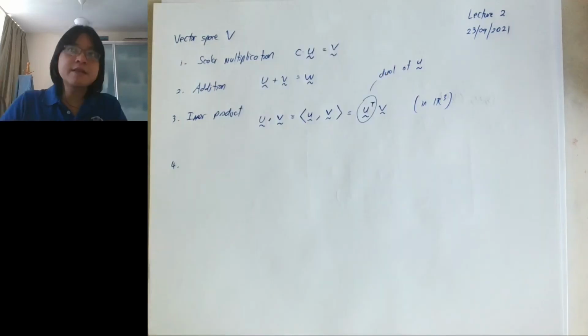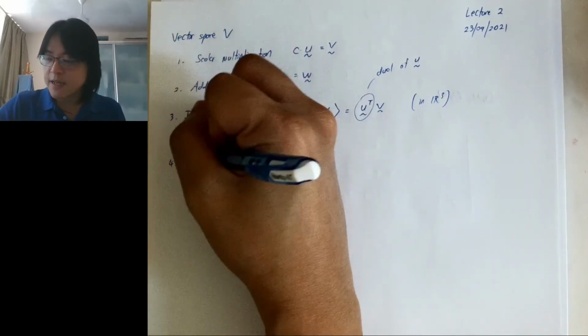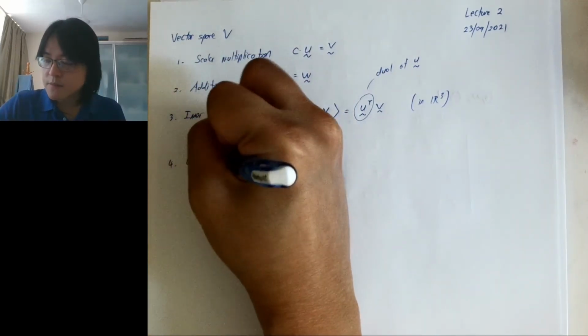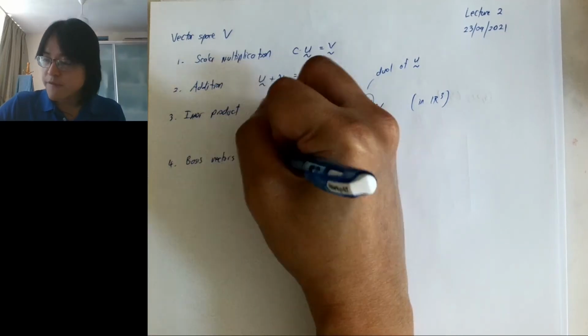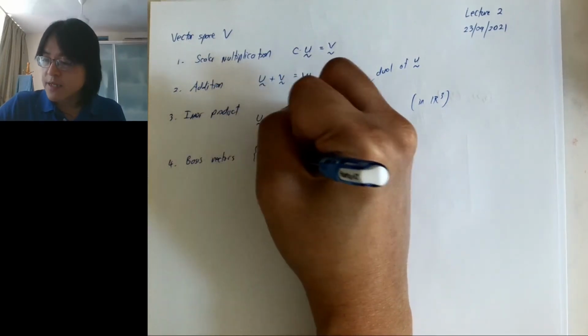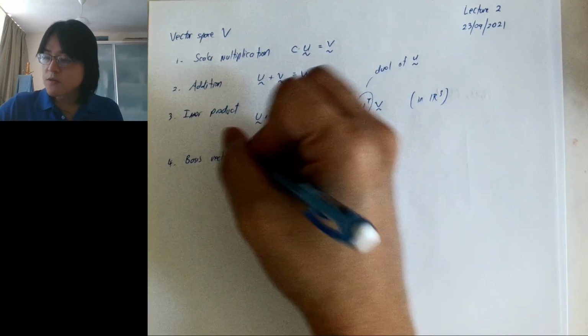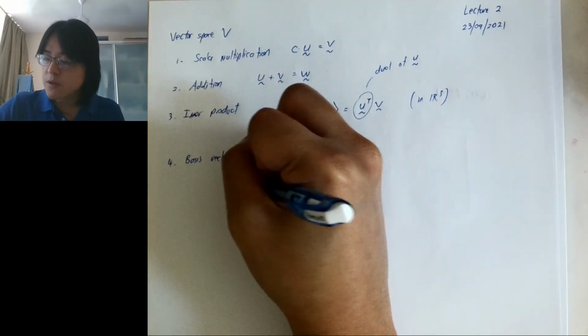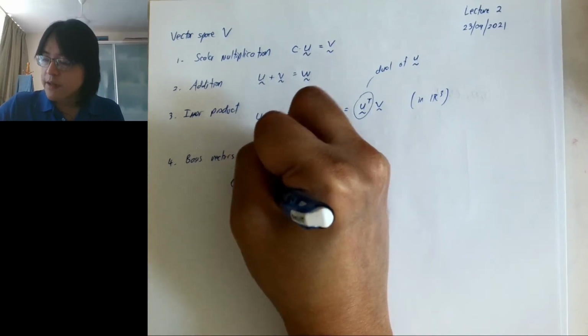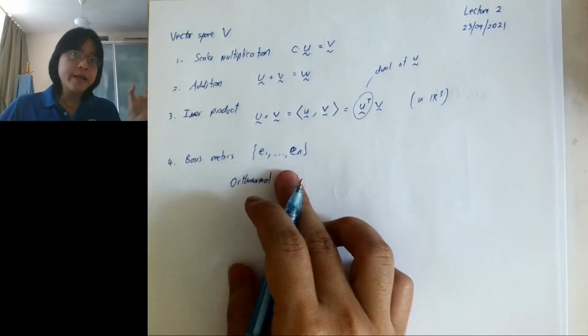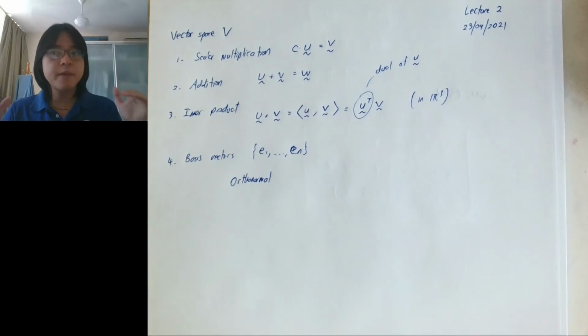If you have a vector space, then you can define a set of basis vectors, right? So if my vector space is n dimensional, then I have n basis vectors. We call this an orthonormal basis if they are all perpendicular to each other and each of them has unit length.